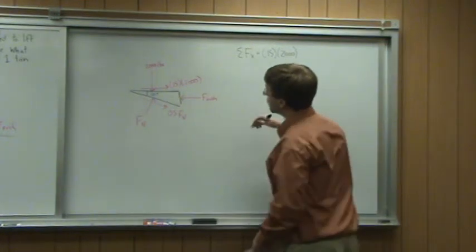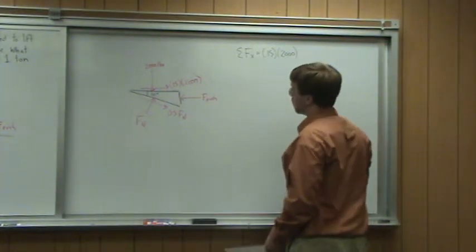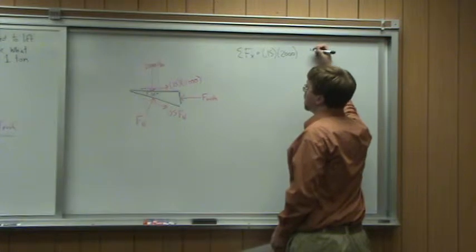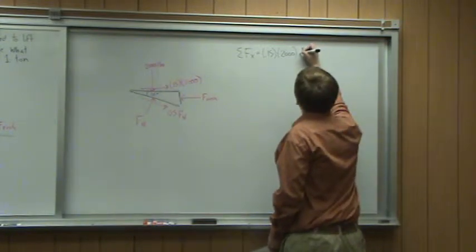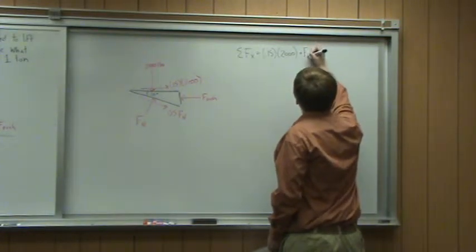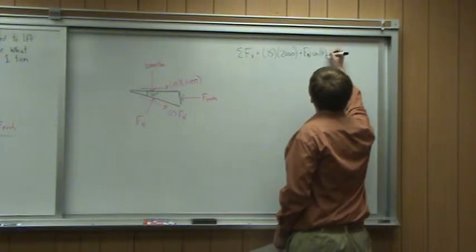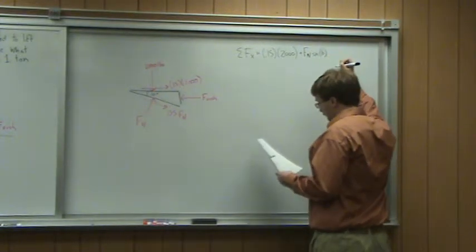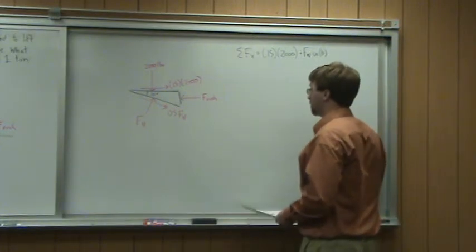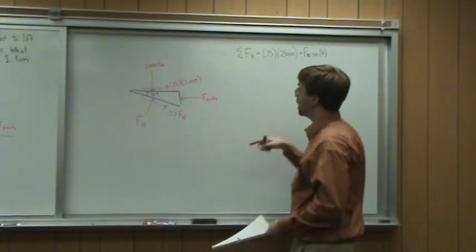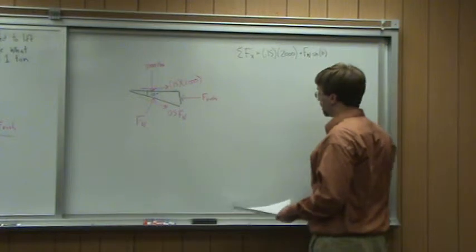So my normal force is going to be the Fn normal force times the sine of 10 degrees. And I'm going to have the friction force, 0.05 Fn times the cosine of 10 degrees.